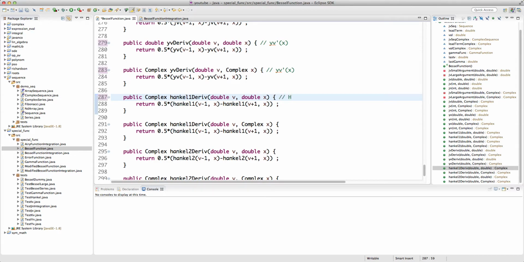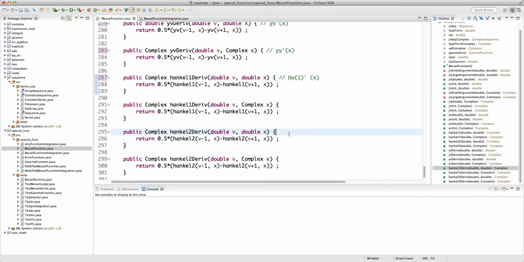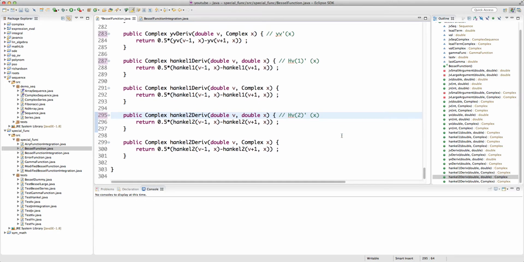So Hankel nu of order 1 prime of x. And the last one is Hankel 2, so Hankel nu of order 2 or second kind of x, with a prime here to show that it's the derivative, okay?